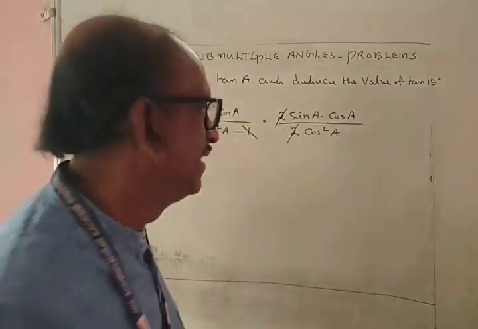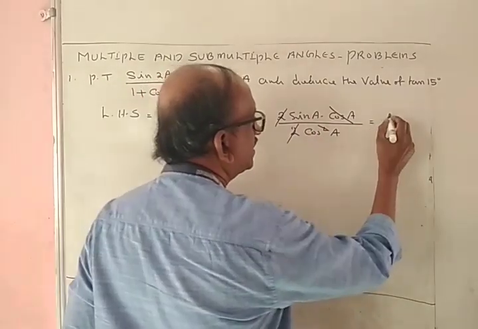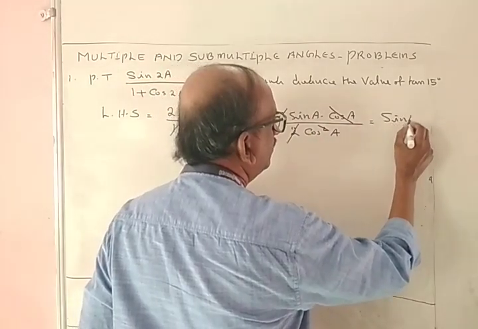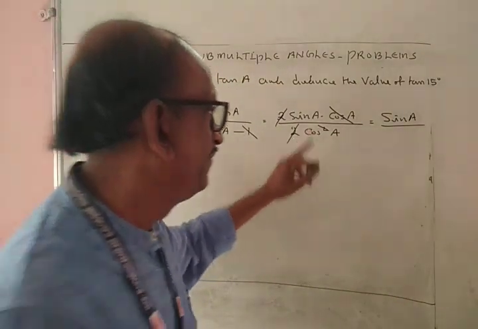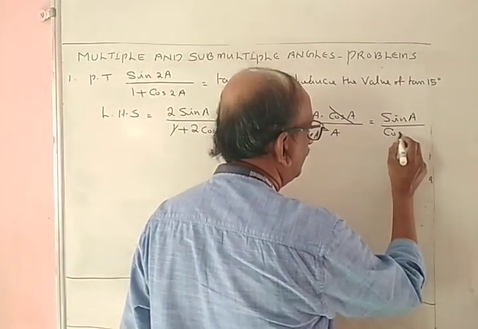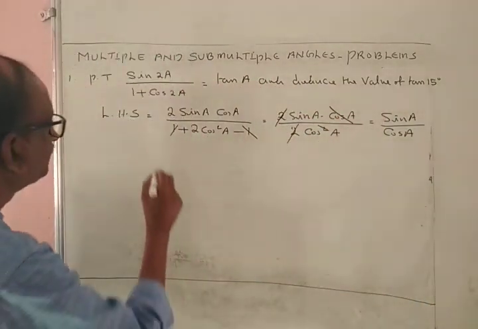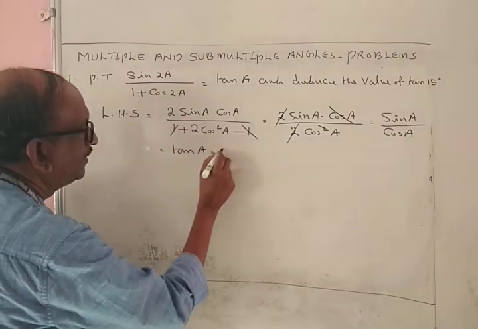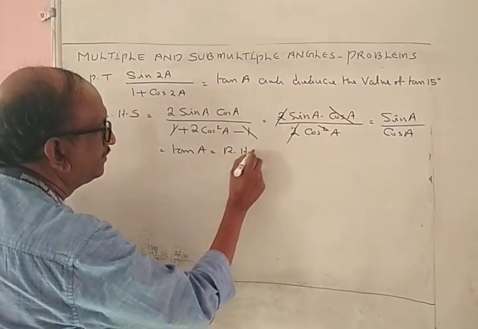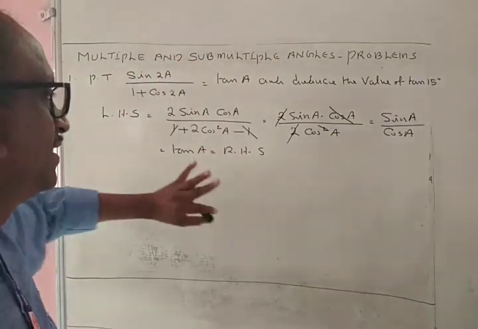Cancel one cos a. Numerator sin a divided by cos a. Sin a by cos a is tan a, which is equal to right hand side. So here left hand side is equal to right hand side.